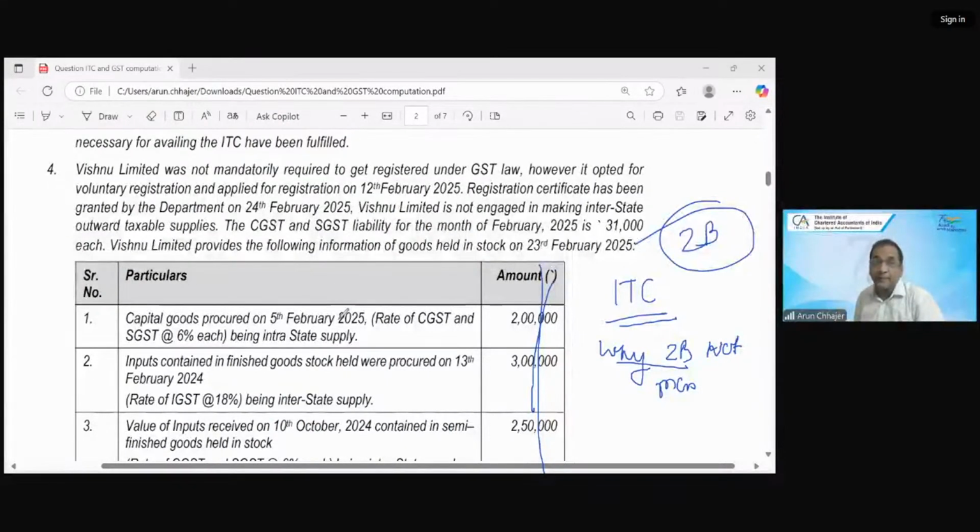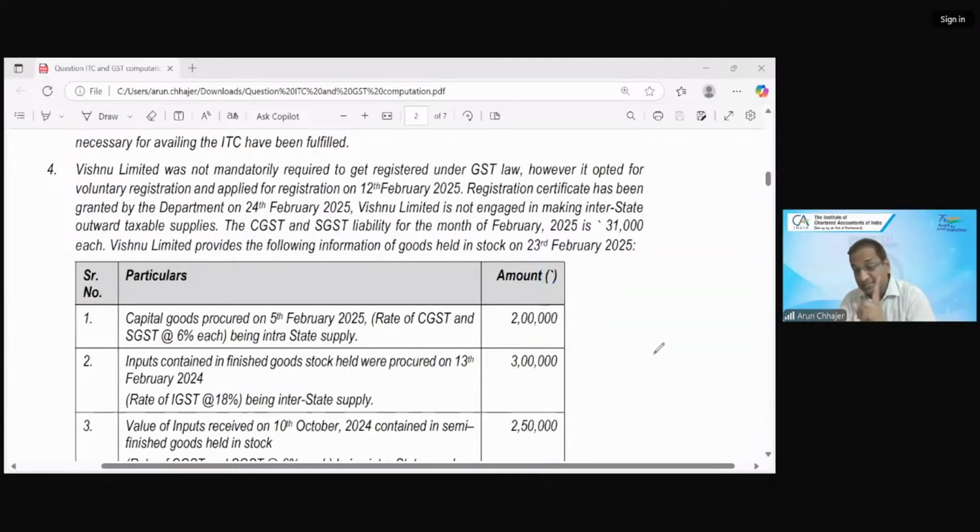Because he is not yet registered, so still he would be able to take the ITC.